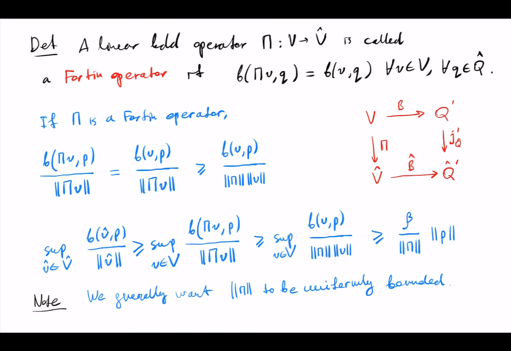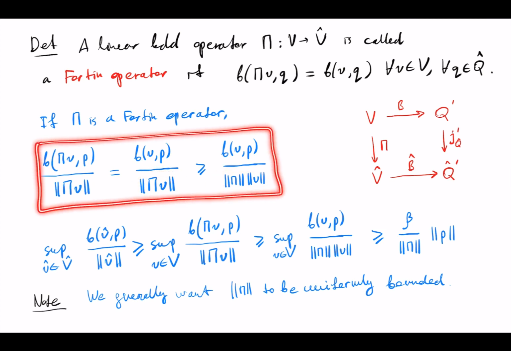Let me show you how you can prove the discrete inf-sup condition if you have a Fortin operator. If you have a Fortin operator, then this equality is true. I did not change anything because it's just in the denominator. Then we apply the boundedness of the Fortin operator, so overall we have this inequality.